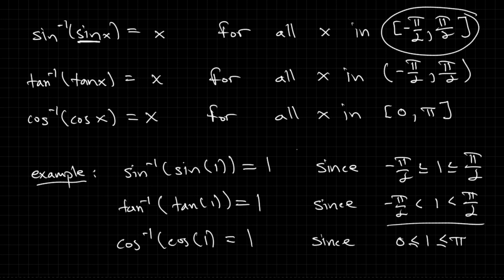Now I think it's worth mentioning here that for these 3 examples that we have, it would be very challenging to evaluate this by hand, if not impossible, if we did not have these cancellation properties. Let's think about how we would evaluate sine inverse of sine of 1 if we didn't have these cancellation properties. Well, I would say, okay, let me try to figure out what sine of 1 is.